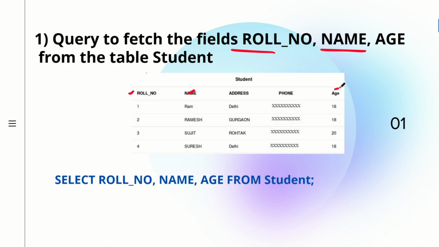One can be that you have to fetch all the rows from the table. For that you will have to write select star from student. What does star mean? Star means that you are getting all the data, all the rows and all the columns from this table. But since this question specifically mentions that you are supposed to give only three columns, that is roll number, name and age, let's see how we can solve this question.